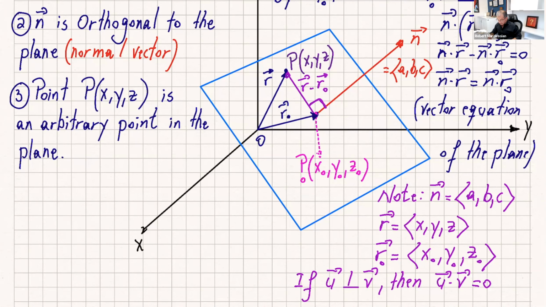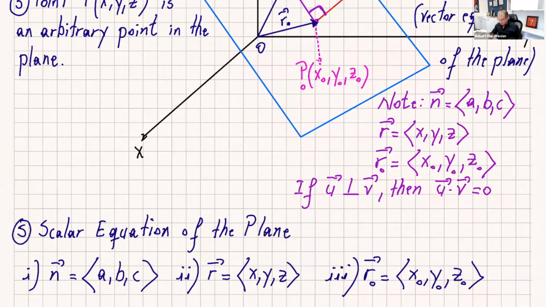I put a note also: if u is perpendicular to v, where u and v are two vectors, then u dot v will be 0. So make sure to remember that. We're going to use this during the entire course.